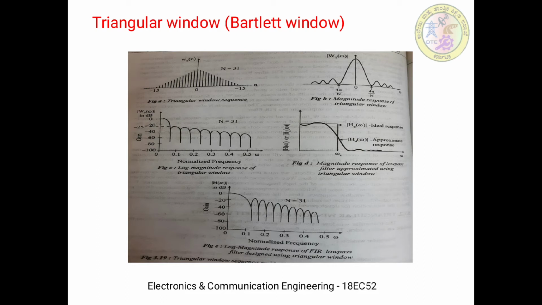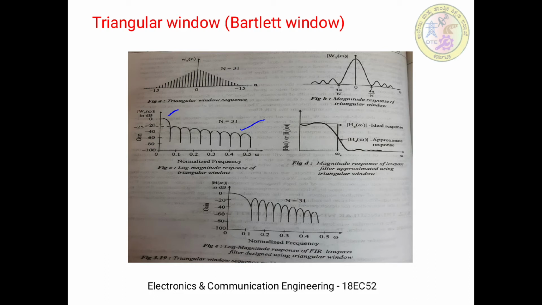This illustrates that there is always a trade-off between main lobe width and side lobe level. This is the main lobe width and these are all the side lobes, and this particularly represents a filter length equal to 31.